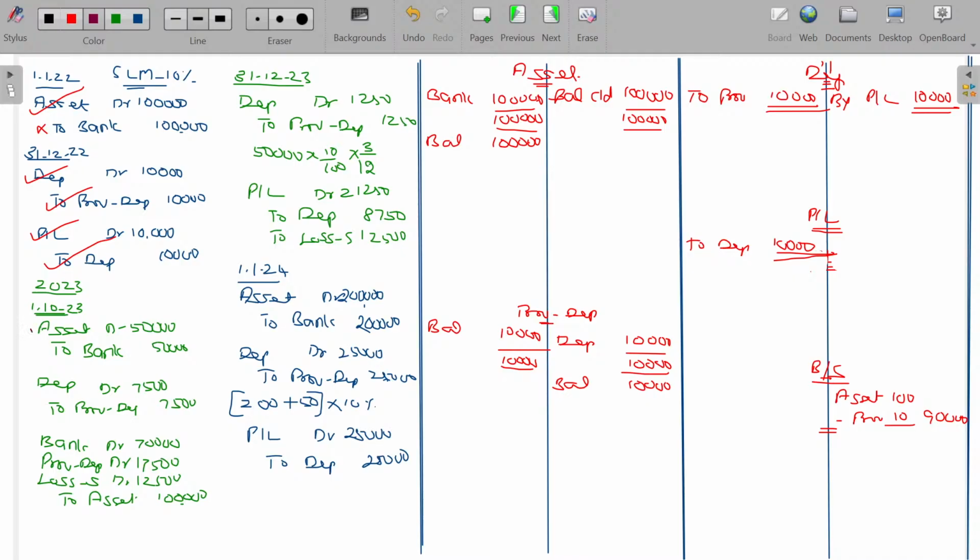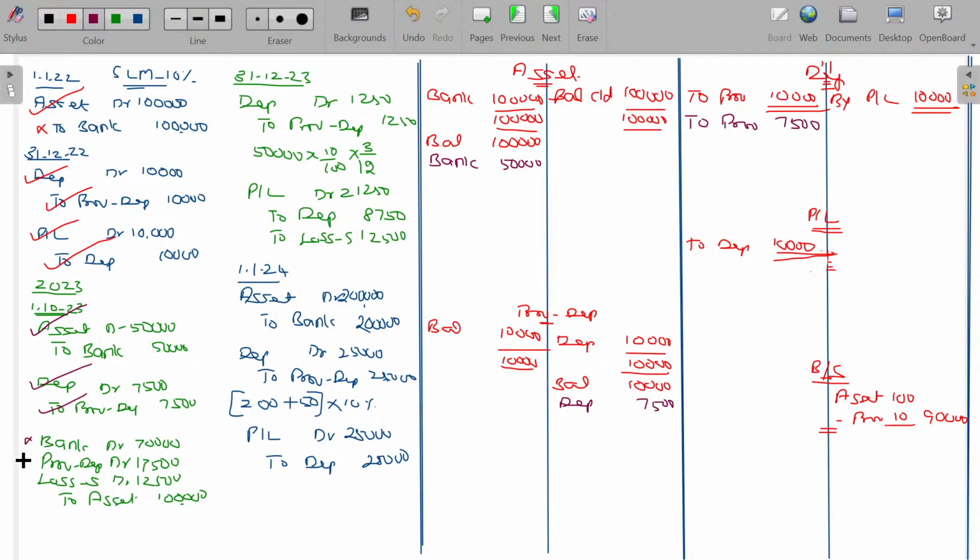If I move on to the next year, in asset to bank, we purchase one more asset for rupees 50,000. And in depreciation to provision, the value being 7,500. In provision for depreciation by depreciation, the value being 7,500.